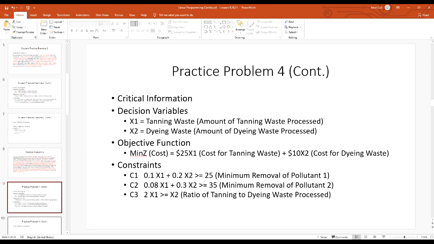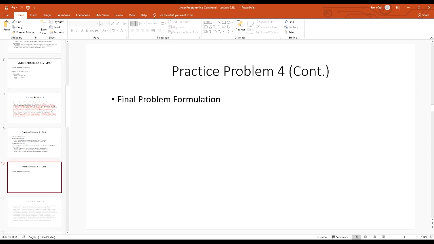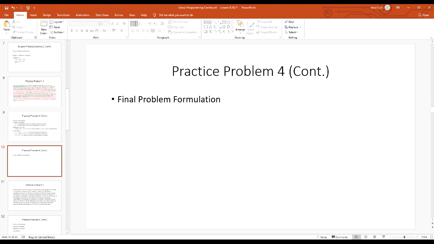And our final step is to come down here into practice problem number 4 and collect all of the relevant information in our universal format.